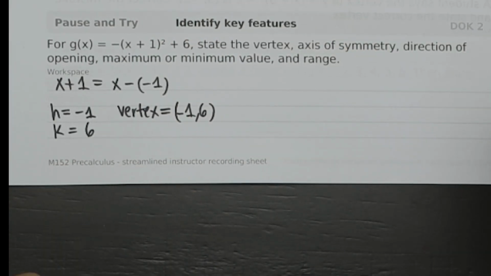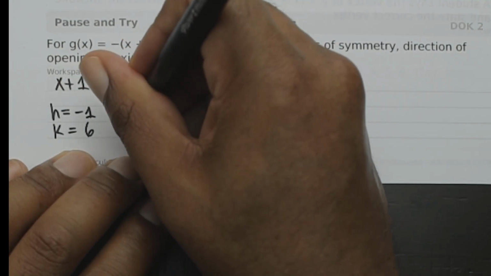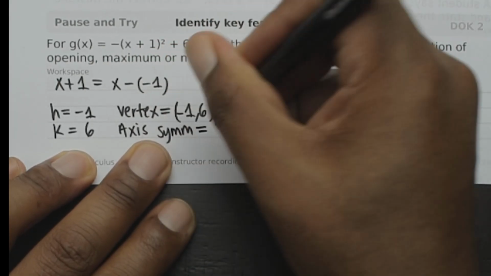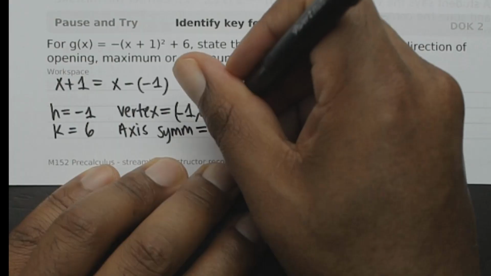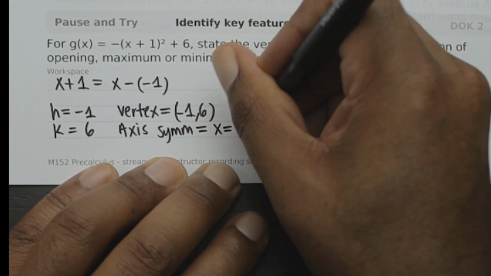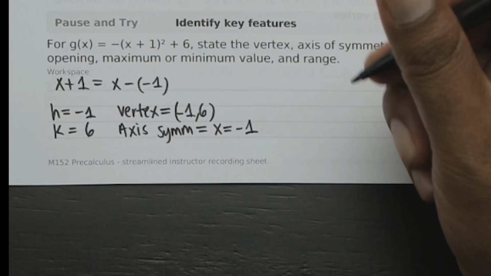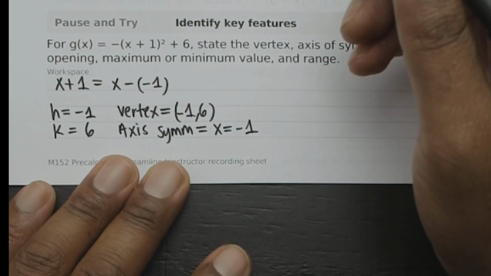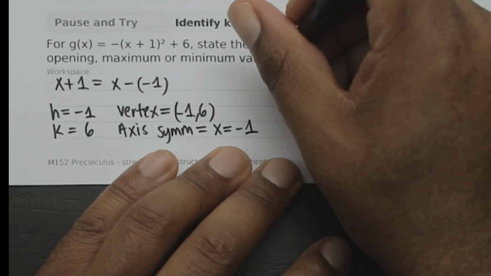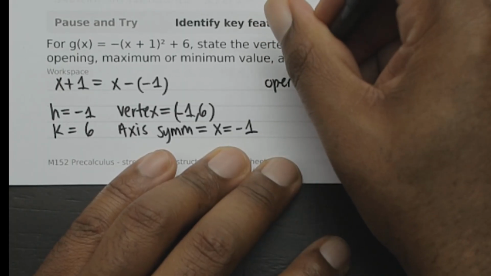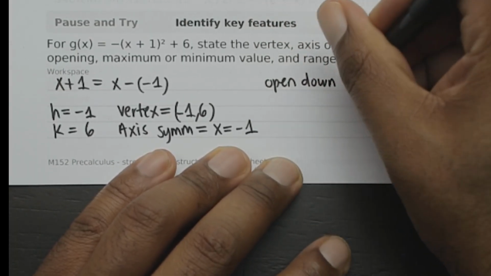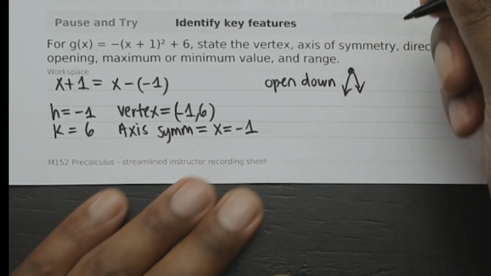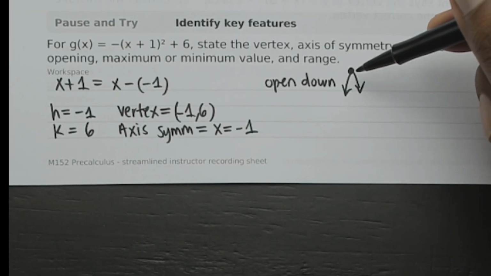Okay, and then the axis of symmetry is x equals negative 1. That's our axis of symmetry. And in this case, notice our coefficient a is negative 1. So that means this graph is going to open downward. It's going to open like this, which means our vertex is at its peak, right?